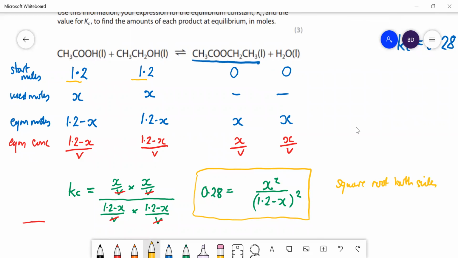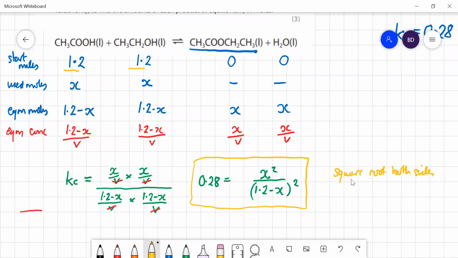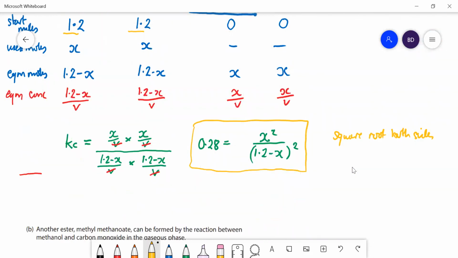So if we do that, let's take the square root of that. So we're going to end up with the square root of 0.28.